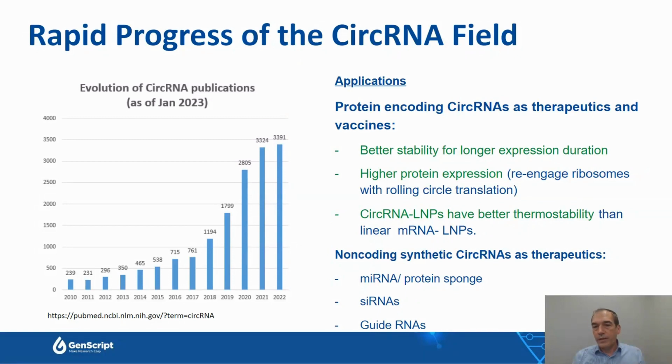Also, the circular RNA LNP seem to have better thermal stability, so they're more stable and more resilient for delivery and logistics. So they're being very heavily researched right now for therapeutic use. You can see the number of publications based on PubMed search exponentially grew from a few hundred early on to several thousands per year in the recent years. So very high interest in using those for therapeutics.